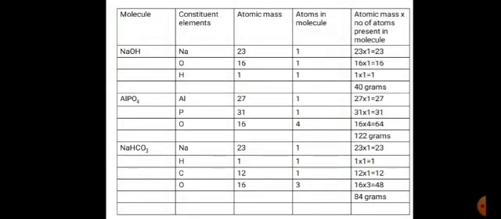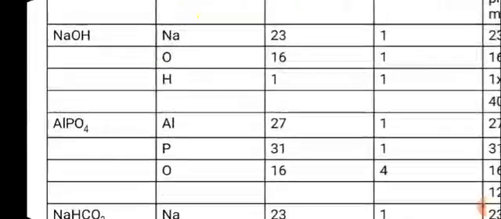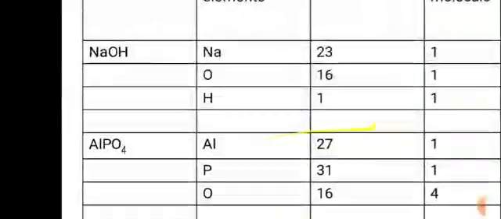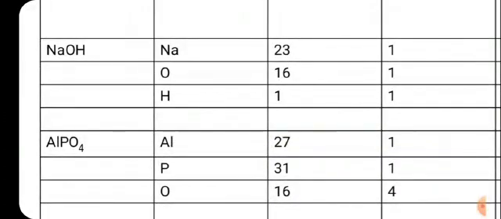Next compound is sodium hydroxide. Constituent elements are sodium, oxygen, hydrogen. Atomic mass of sodium is 23, oxygen has atomic mass 16 and atomic mass of hydrogen is 1. In sodium hydroxide, number of sodium atoms is 1, oxygen is 1 and hydrogen is also 1.